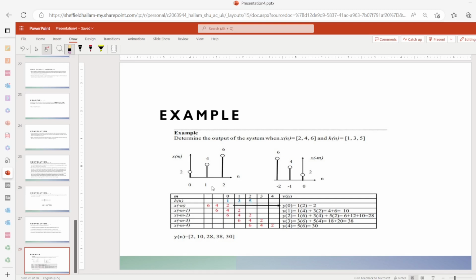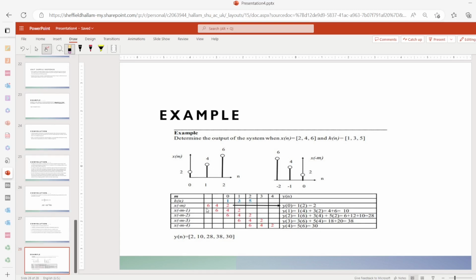Here m is 0, 1, 2, 3, 4, and hn, the system response, is 1, 3, 5. We have already folded xm, so x of minus m is 6, 4, and 2.